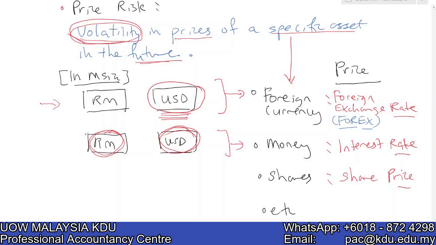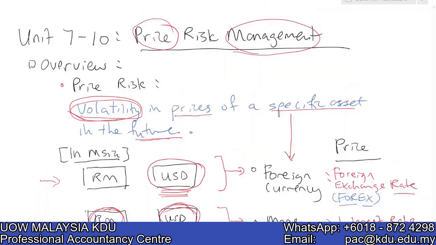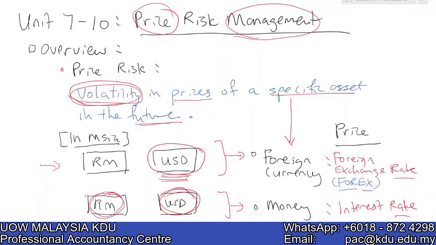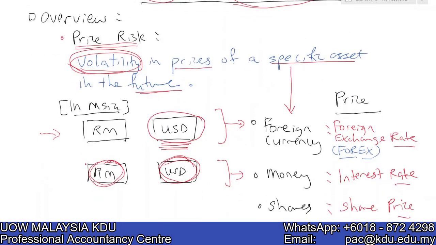I think nobody can answer. So we don't know what the exchange rate for US dollars is going to be. So to these businesses, this is the price risk that we're talking about. And what price risk is this? The price risk on foreign exchange.